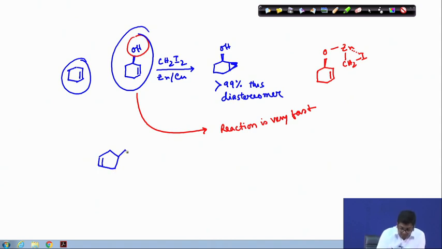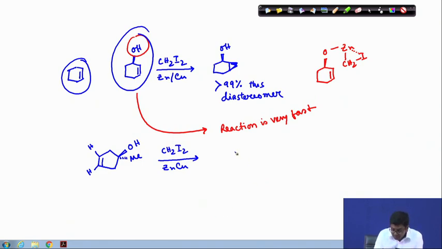So, if we take this cyclopentene alcohol, and it is treated with the Simmons-Smith reagent, again in this case also this reaction is highly stereospecific.